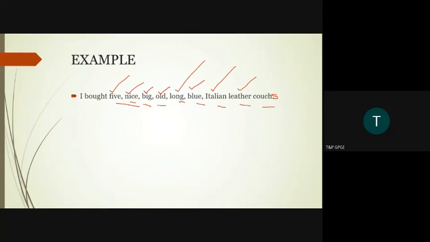So from here to here, these are my adjectives. I have put adjectives before the noun. My couch is the noun. So by learning noun, pronoun, and adjectives, I was able to buy what Mr. Pralay wanted exactly.